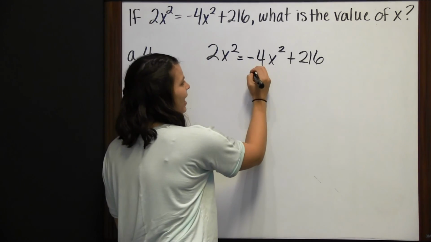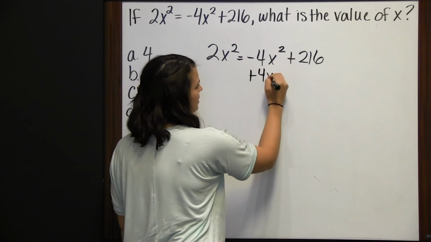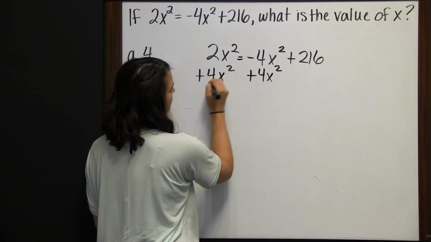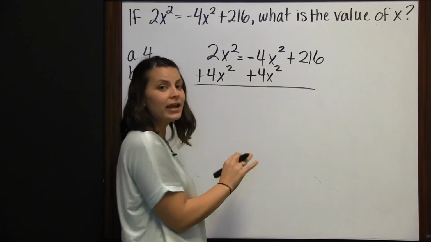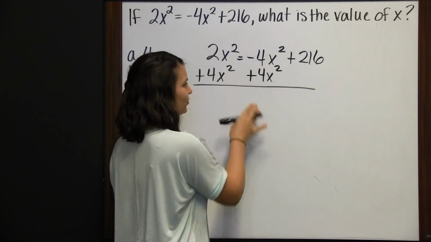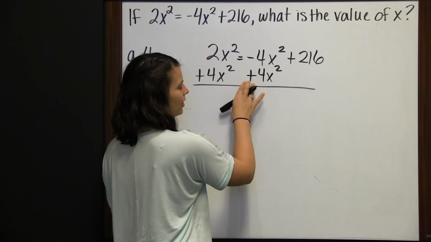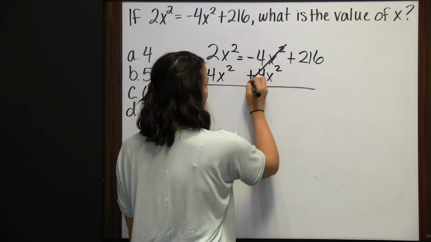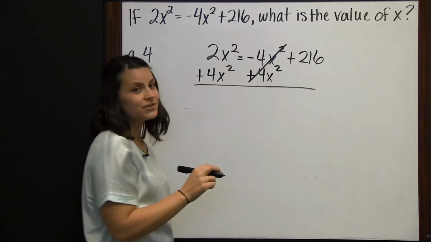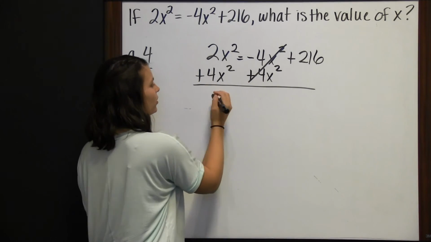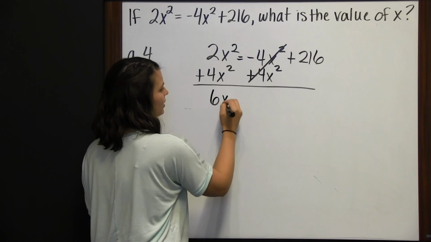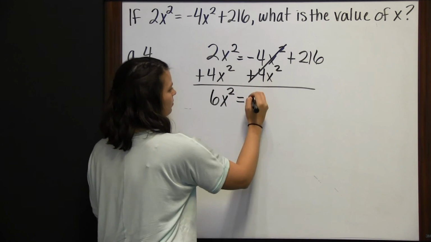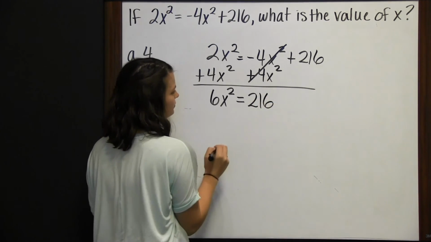So I'm going to add 4x squared to both sides so that way on the right-hand side, it'll cancel because I have a negative 4x squared and a positive 4x squared, and those are additive inverses. Now on the left-hand side, 2x squared plus 4x squared is 6x squared. Bring down the equal sign and bring down 216.